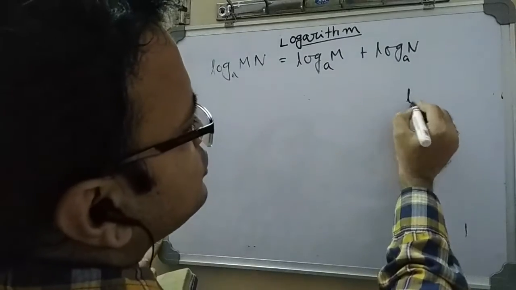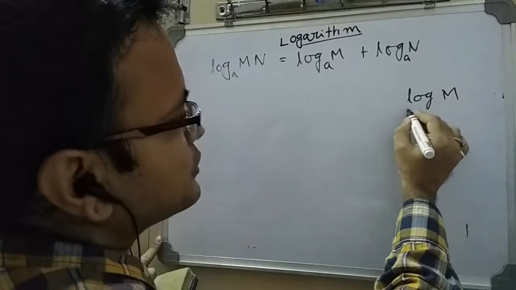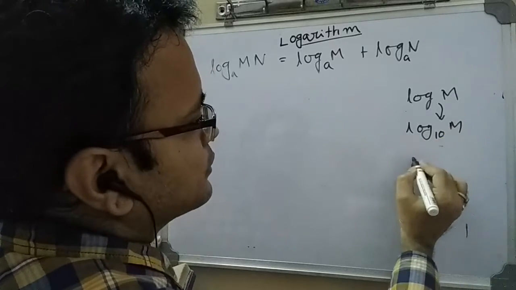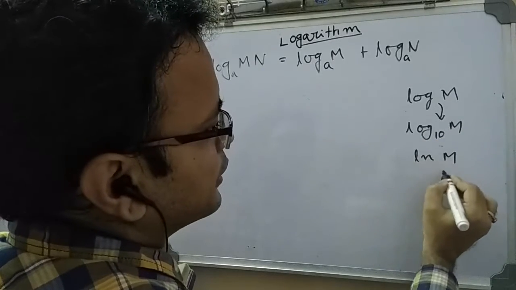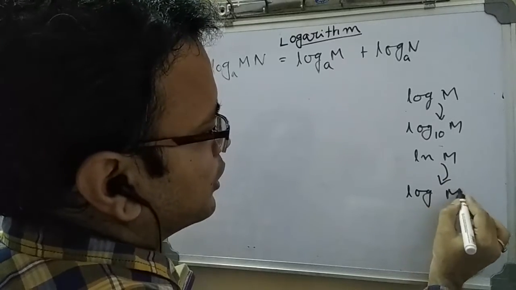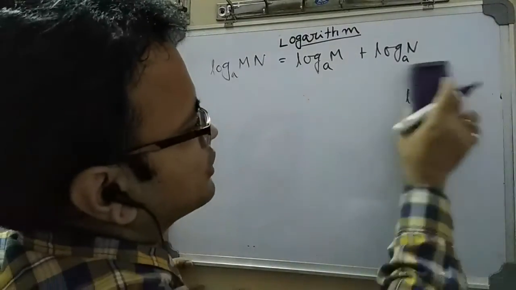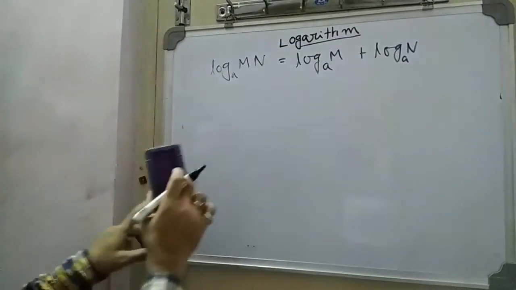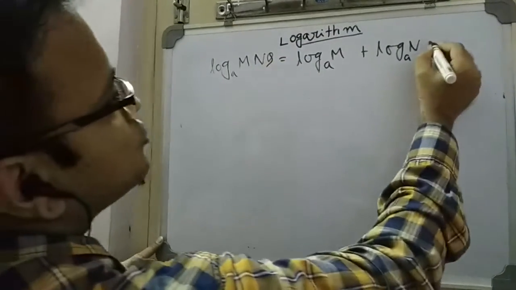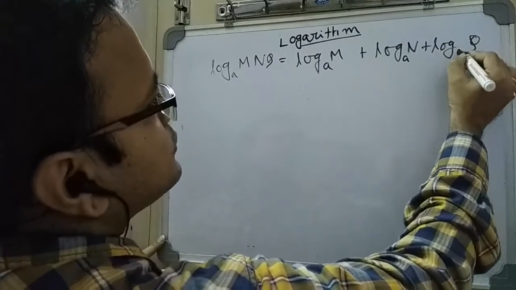If it is written only log, that means it is log base 10, and there is something else like ln m. If it is given ln m, that means log m to the base e. These are just simple mathematical notations on logarithm. So again, if it comes log m n cube, it can be expanded like this.